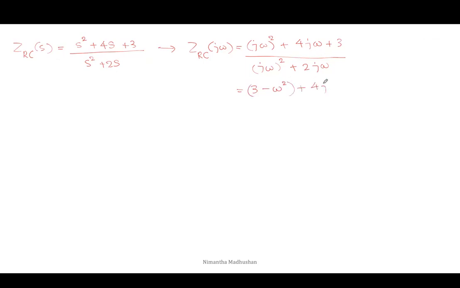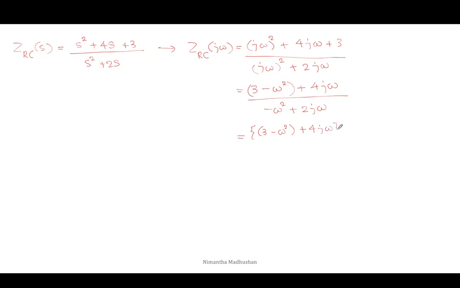plus 4j omega) over (minus omega squared plus 2j omega). The denominator has a complex number. To find the real part of this Z_RC, we have to multiply both the numerator and denominator by the complex conjugate of the denominator.